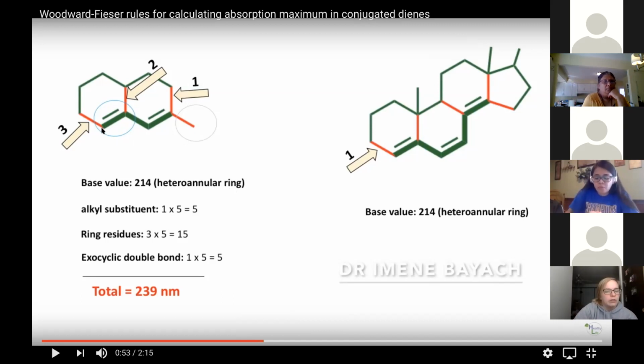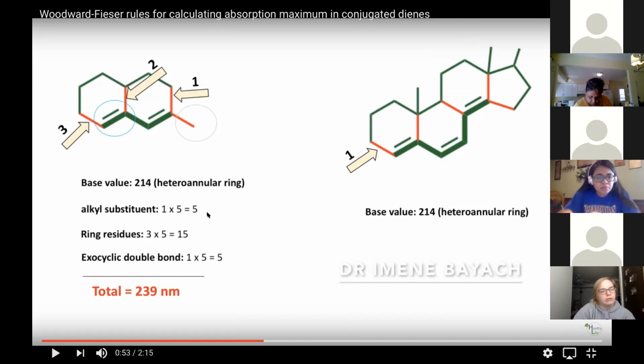Then all of the highlighted red are going to be your alkyl groups. So put the alkyl substituents and the ring residue all together. Then you'll have 4 total, because 1, 2, 3, 4.